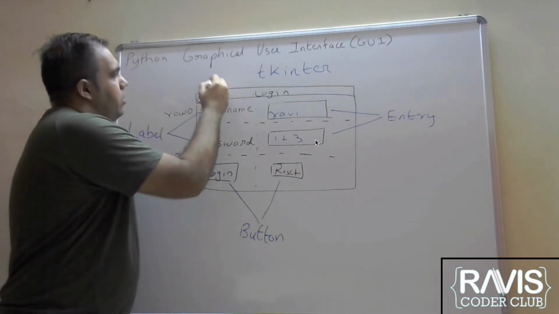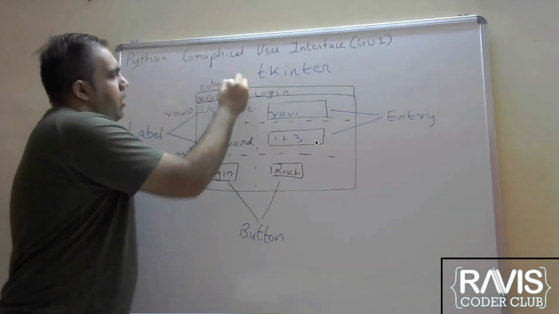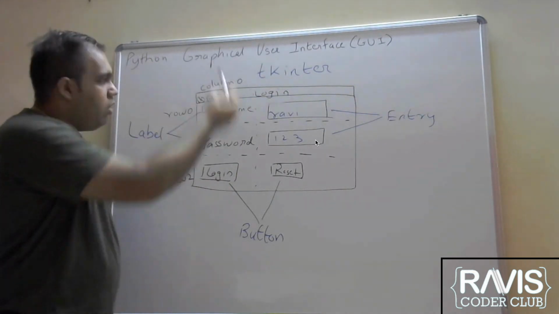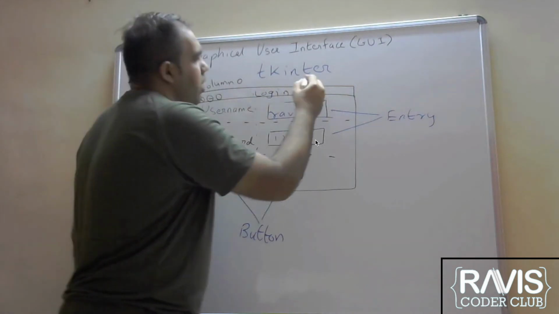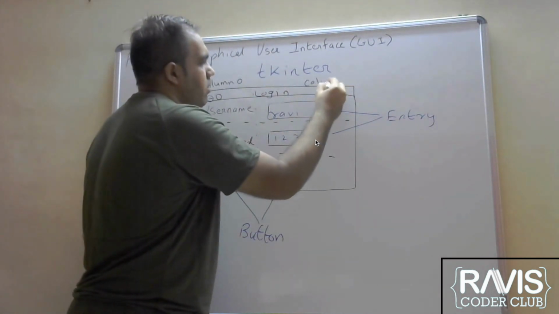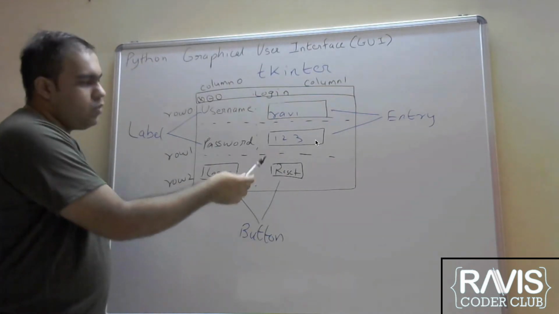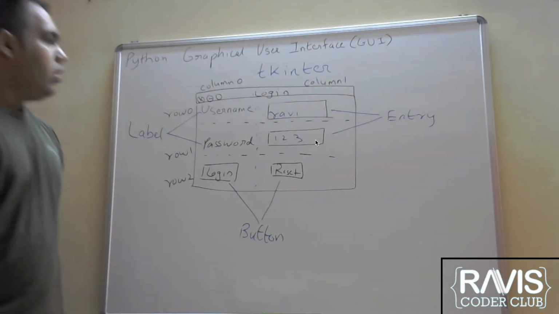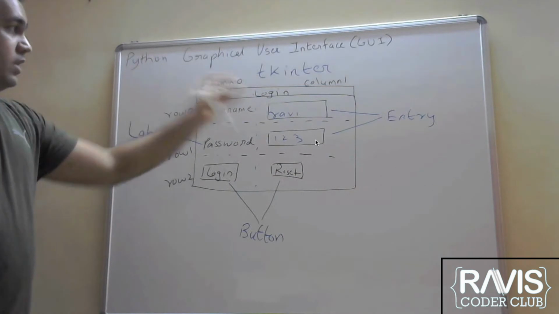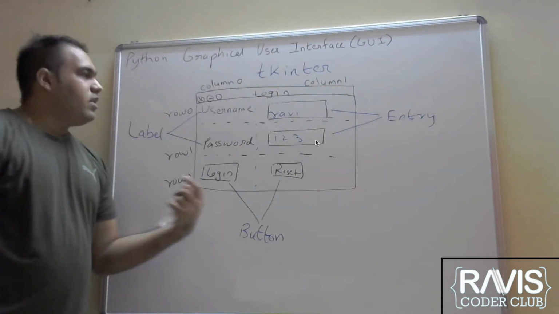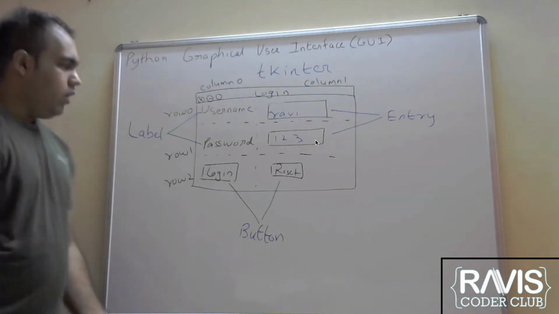This is column 0, so username label and password label and login button, they are all in column 0, and in column 1 you have the entry box for username, password and the reset button, okay. So that is how this is laid out. I'll show you in code what to exactly write so that things come up on the window, okay.